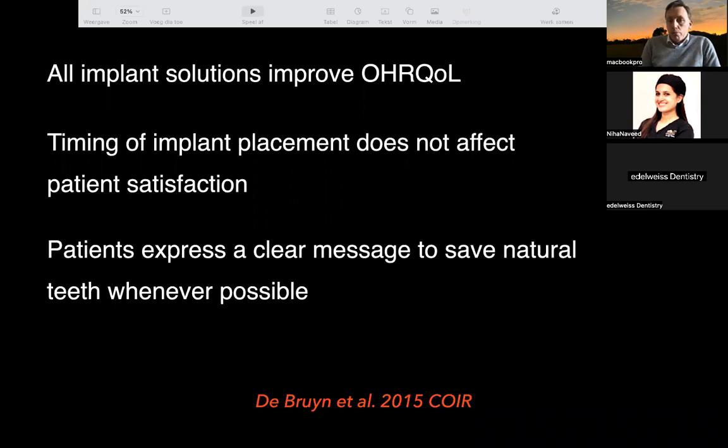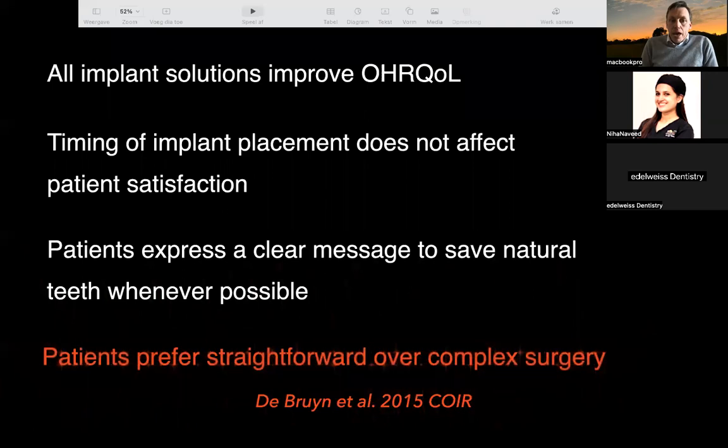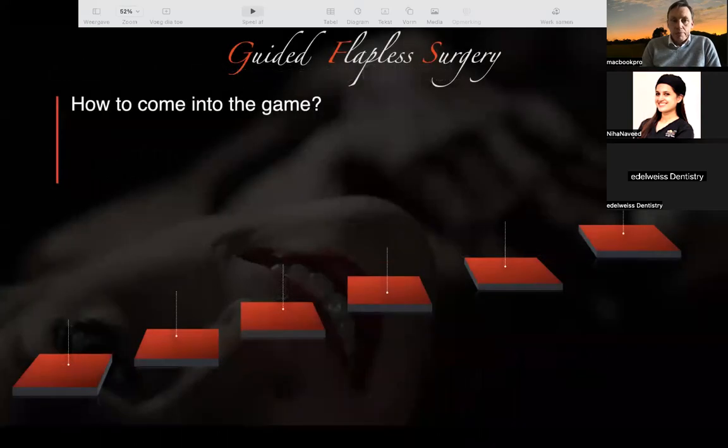Also, most patients don't express a clear message to save natural teeth if possible. Most important, most patients prefer a straightforward over complex surgery. Patients, and that's important to understand, don't like big surgery, although doctors mostly prefer to do these big surgeries.